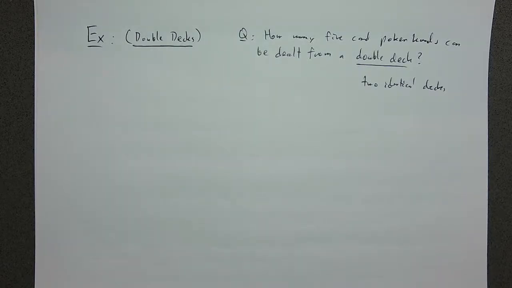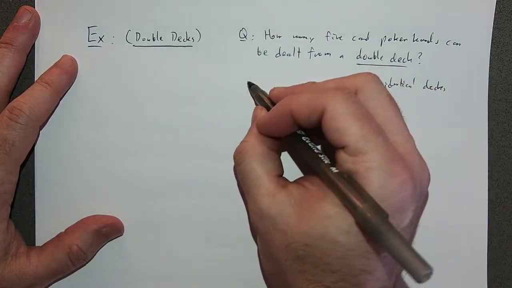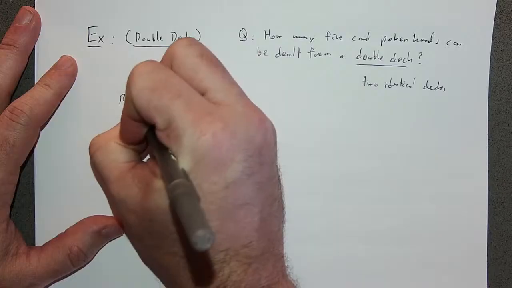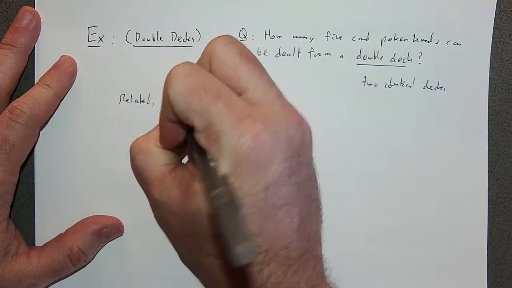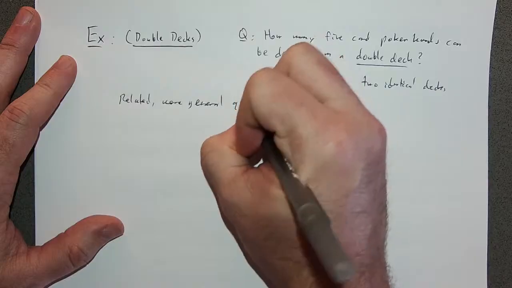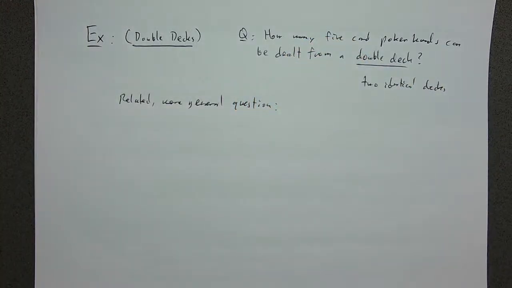So there's a related, more general question. How many ways are there to select m items from n different items where each item can be selected at most twice?